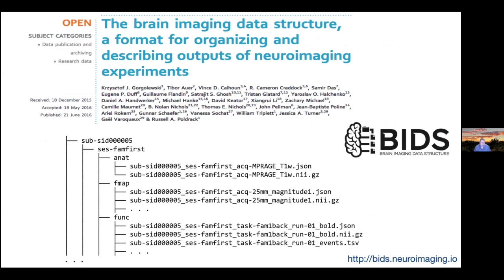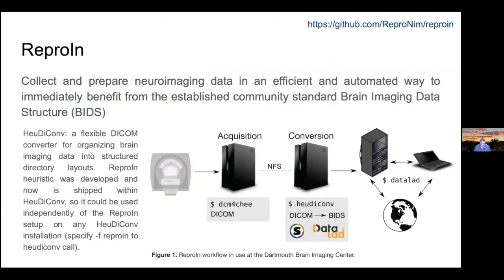Within ReproNim, that all starts with the first level of normalization using BIDS. That's the file-level, folder-level structure that makes it easy to cross many different studies. One of the ReproNim tools is ReproIn, which really helps you collect and prepare your imaging data in an efficient and automated way, and convert your data as it comes in into BIDS.